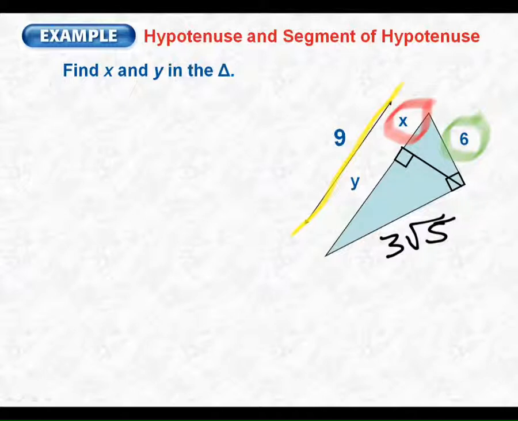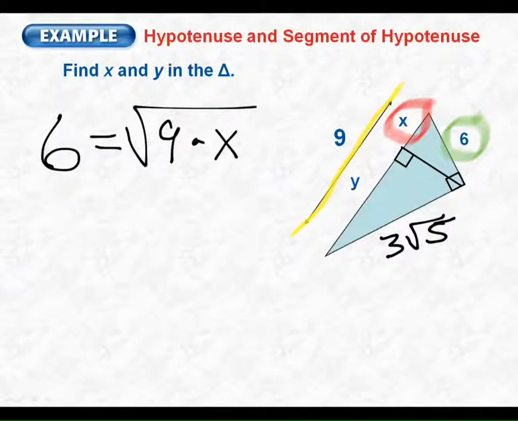So if I found the geometric mean between 9 and x, it should be 6. Meaning that 6 is the geometric mean of 9 and x. Right? That's what that last theorem says. It says if you take the geometric mean between the hypotenuse and the piece of the hypotenuse that touches that leg, it's equal to that leg, which I already know what that leg is.